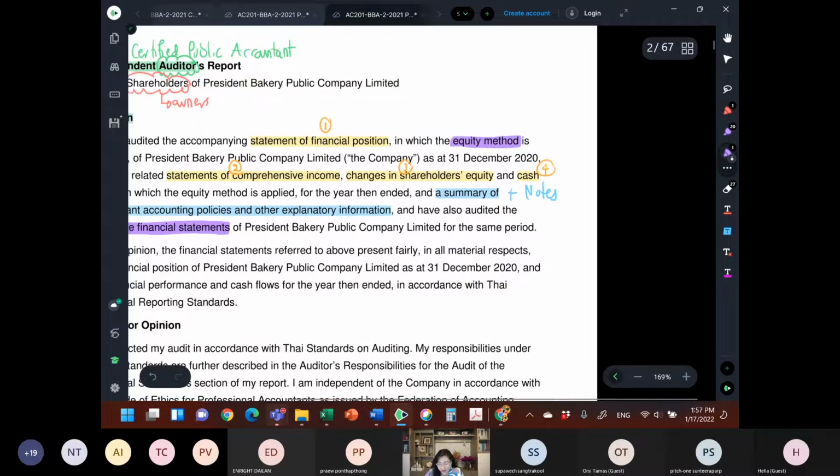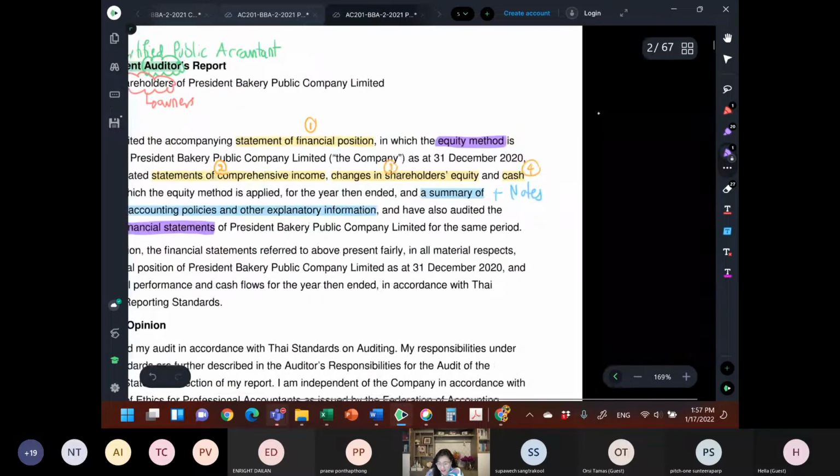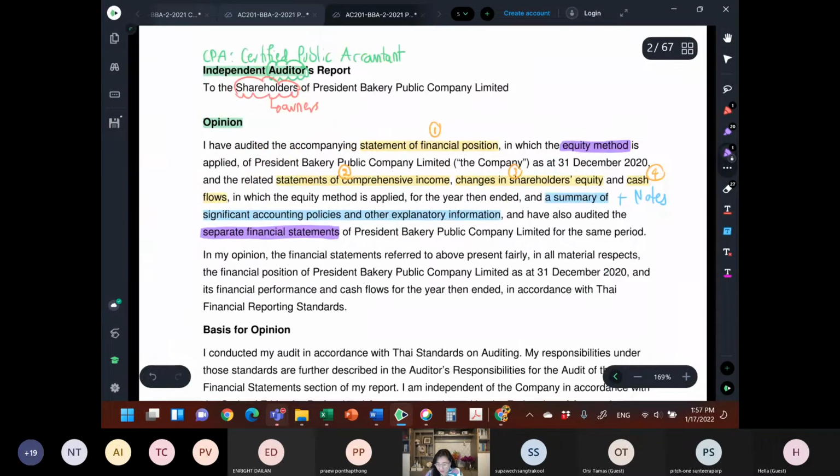So this is the first set, and this is the second set, all right? There are 2 different sets of financial statements prepared by this company.